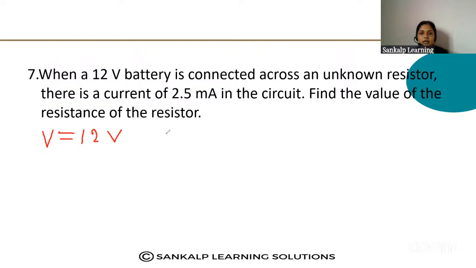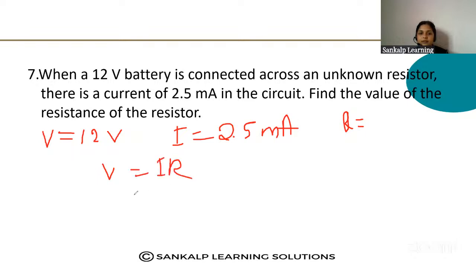Then the current I is 2.5 milliampere; it is given in milliampere, not ampere. You have to find the value of R. You know the formula V is equal to IR, then R is equal to V by I.